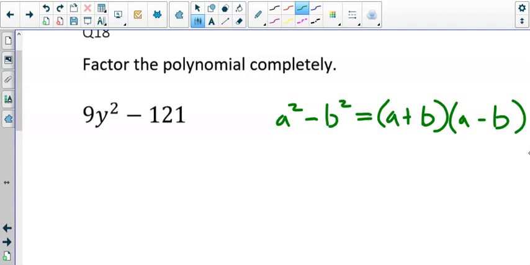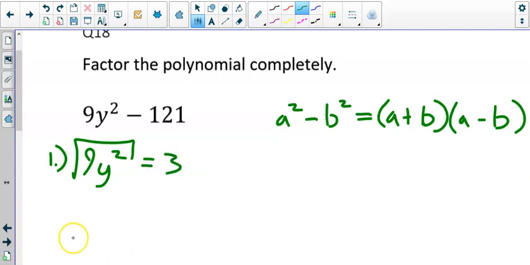So here's how this works. I'm going to take my first term right here, and I'm going to take the square root of it. What's the square root of 9 going to be? 3. What is the square root going to do to a square? Cancels it out. So I'm left with y.